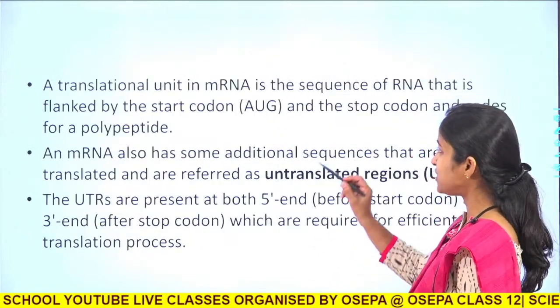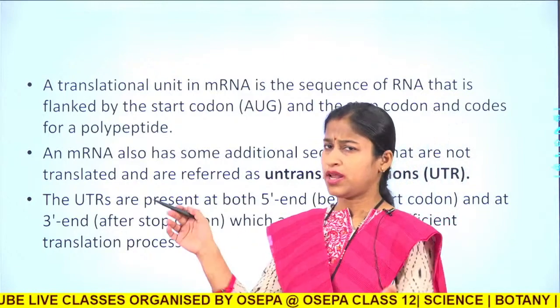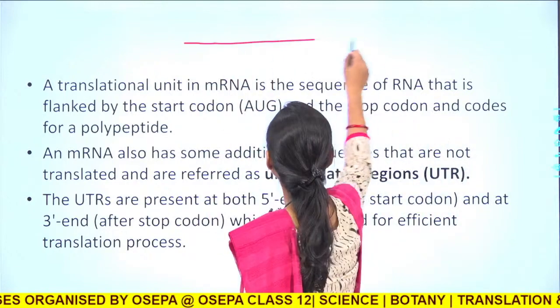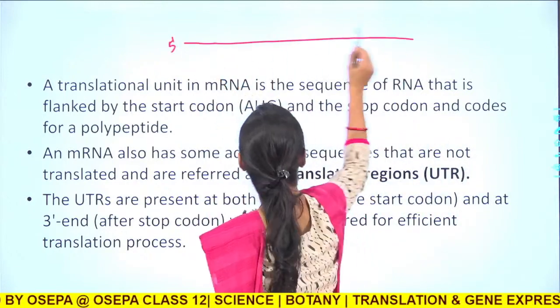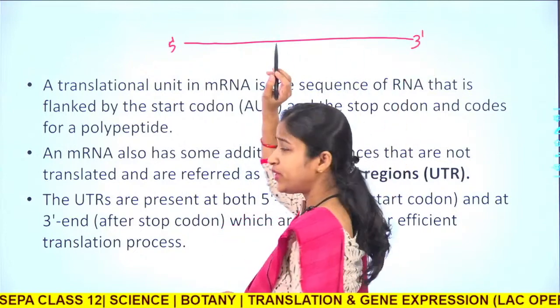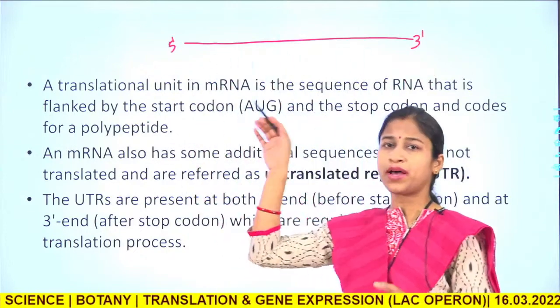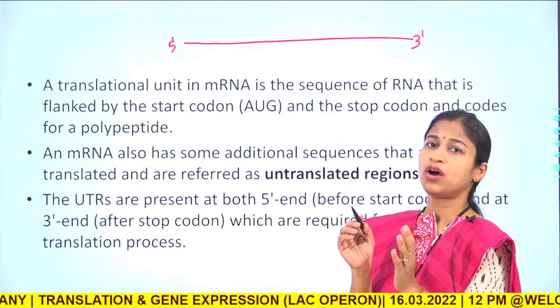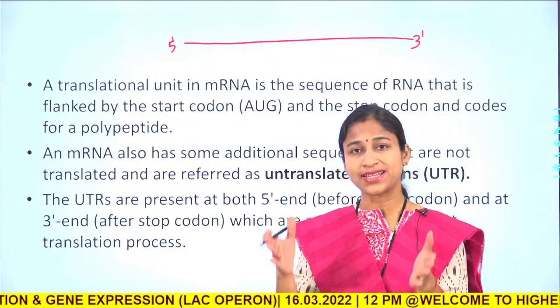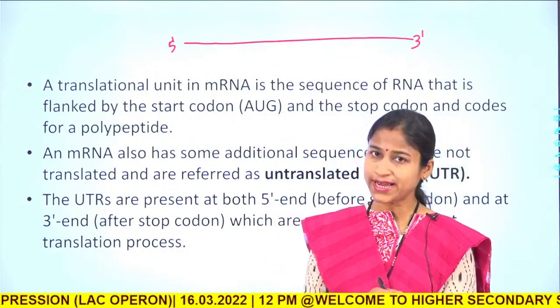Now the mRNA transcript is formed from the 5 prime end to the 3 prime end. It does not mean that all the mRNA will be translated into a polypeptide chain.